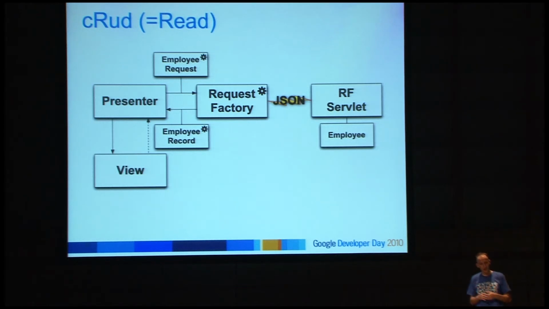That result comes back in the form of multiple employee records, or DTOs. Since it's JSON, it can be evaluated on the client in JavaScript and instantly turned into objects. Then the presenter can take the resulting data and display the results in widgets, instantiate the view.